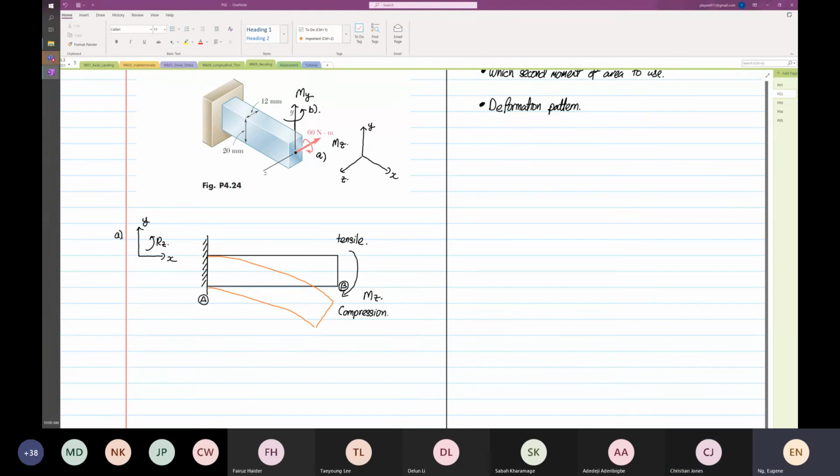Point A. Yeah. So if this thing is going to break, it's going to break at point A. Can anyone tell me why? You're absolutely right. But can anyone tell me why?